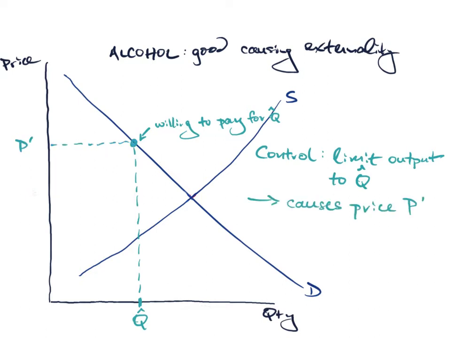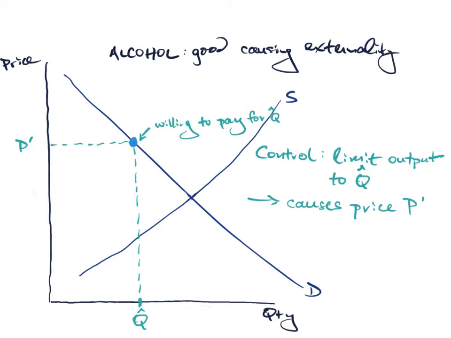If the government were to restrict output, this is a situation that we talked about early in market analysis. What happens when there's a quota on output? The price in the market will go to what the demand curve will support.